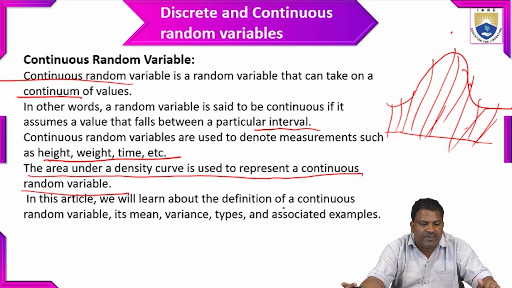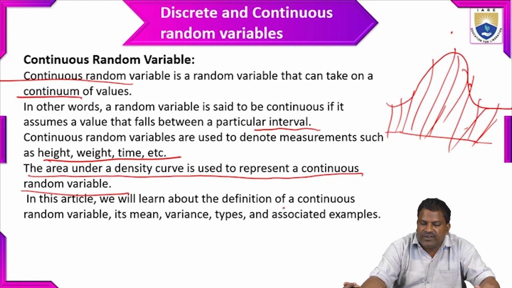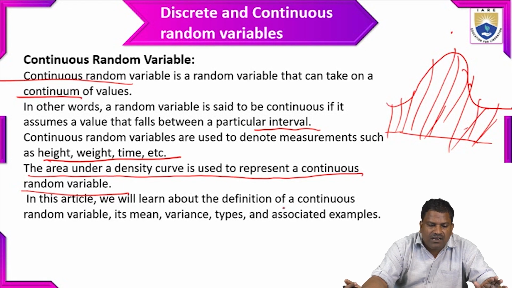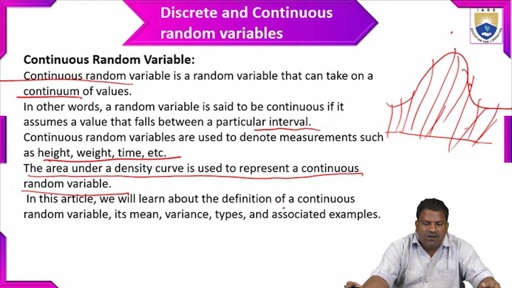So a continuous random variable is a random variable that can take on a continuum of values. In other words, a random variable is said to be continuous if it assumes a value that falls between a particular interval.